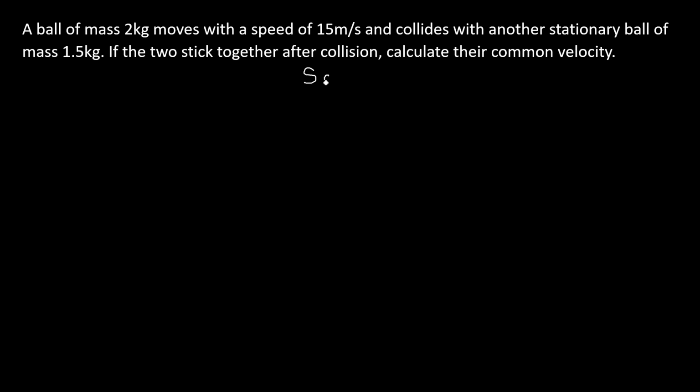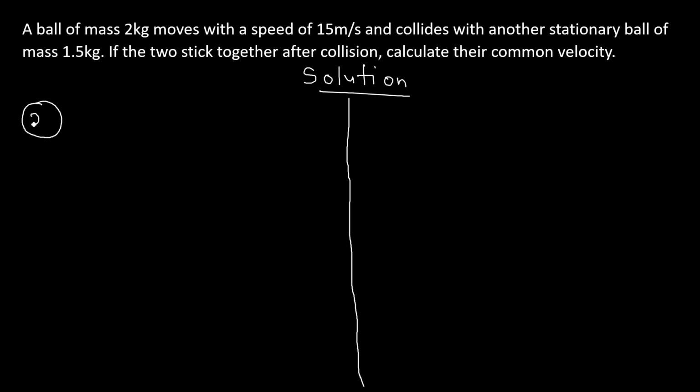So how do we go about solving this question? First of all, let's try to see if we can get some visual representation of the question to make solving it quite easy for us. So what do we have? We have two masses. The first one is 2 kilograms, and it is moving with a velocity of 15 meters per second.